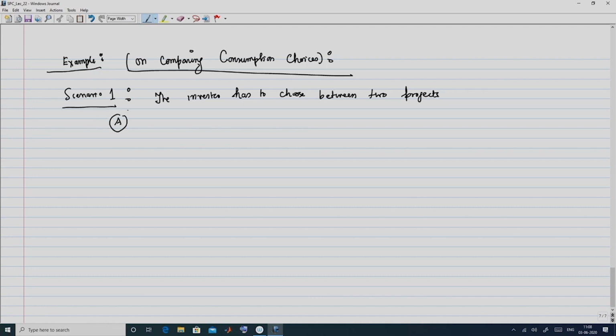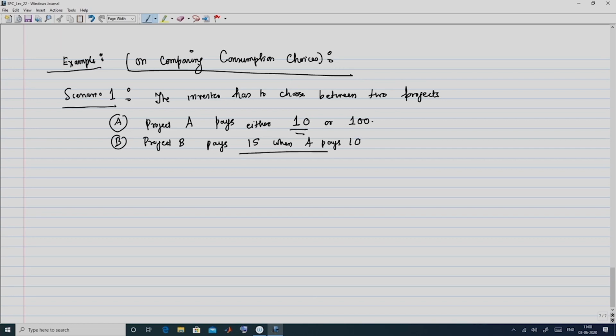Project A pays either 10 or 100, and project B pays 15 when A pays 10, or it pays 110 when A pays 100.